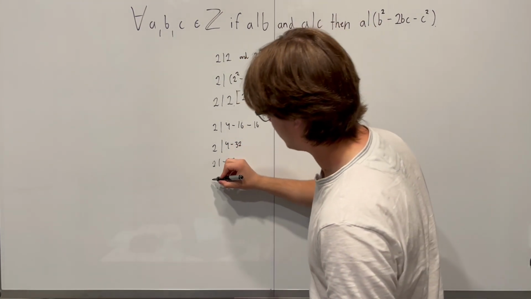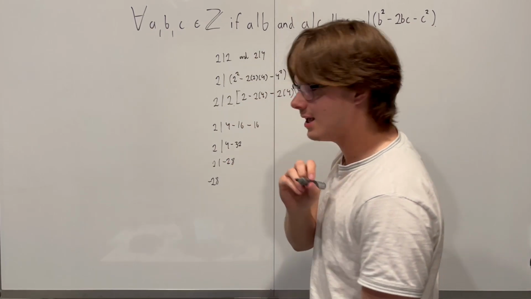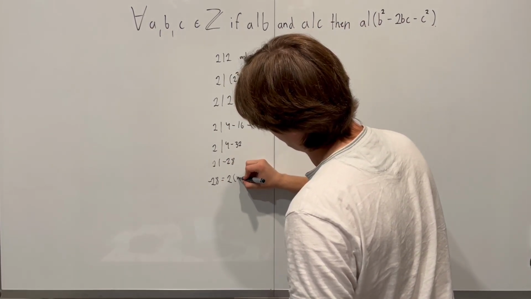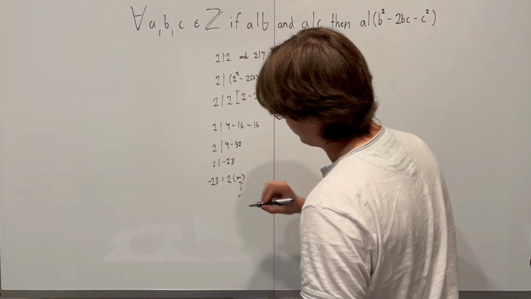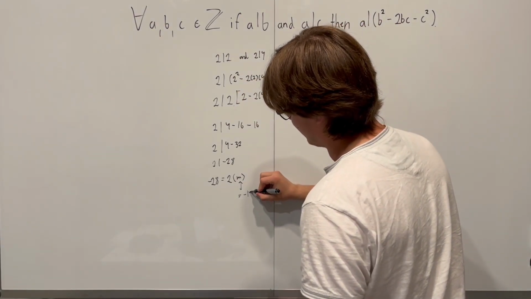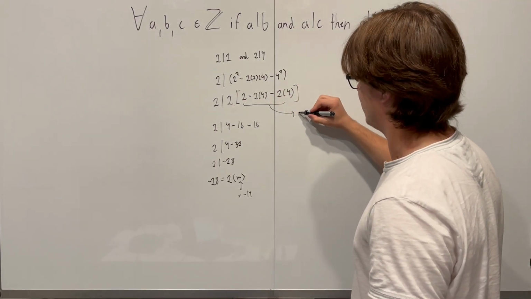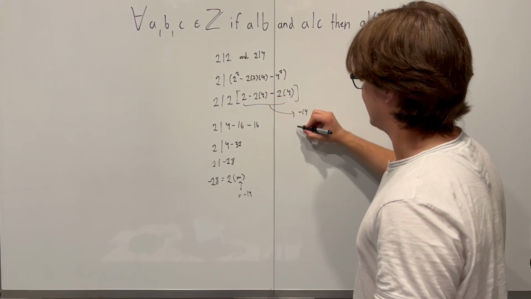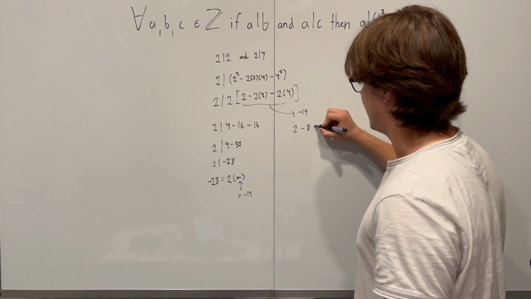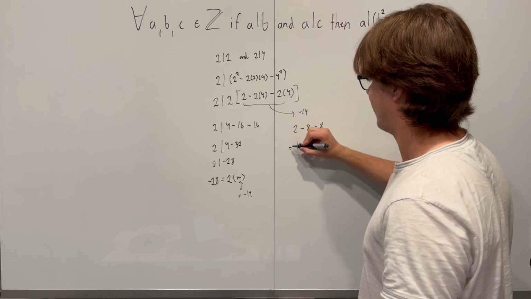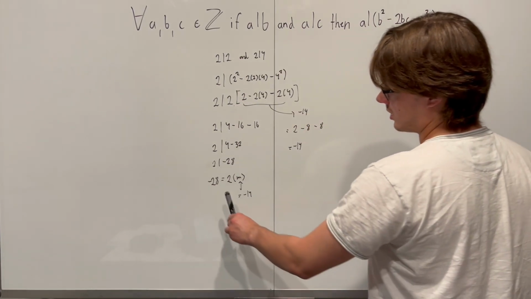This is true because negative 28 is a multiple of 2, since negative 28 can be written as 2 multiplied by some integer m, where this integer m would obviously have to be negative 14. So all we have to do is verify that whatever was here is in fact equal to negative 14. This is the same as saying 2 minus 8 minus 8, and that is in fact going to be negative 14. So fantastic. We got this.